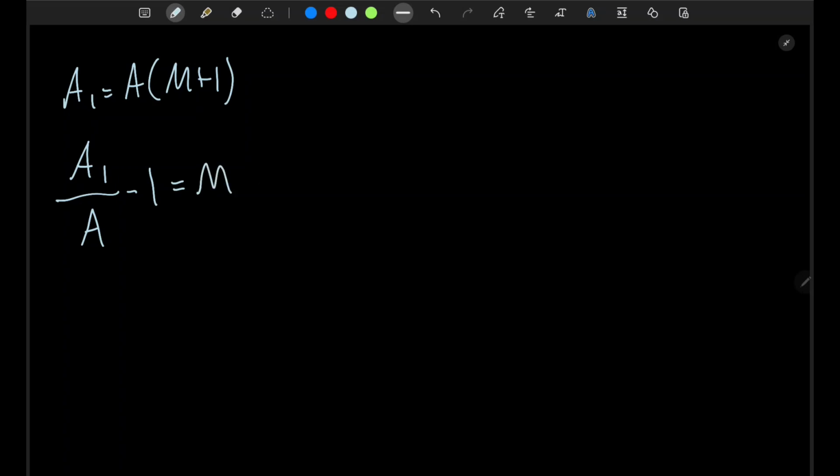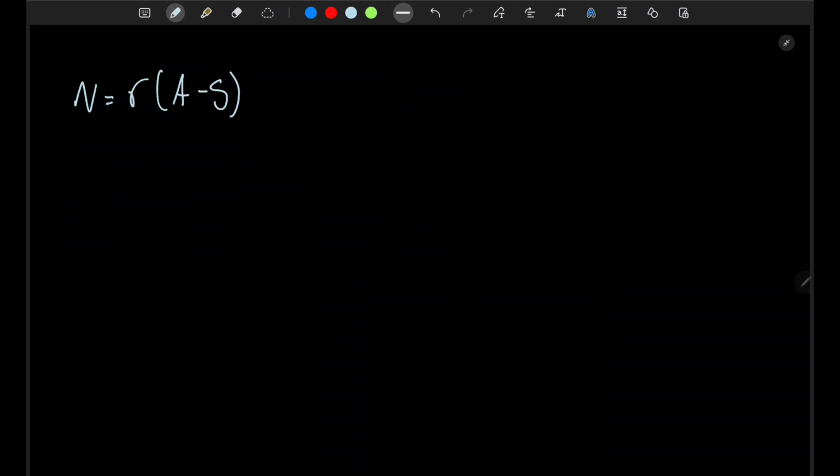And so I'll write this out in a couple steps in case that was a little fast. So we push that a down, a1 over a, and then we're going to be left with m plus 1. And then you just have this 1 here to push over. And so then that's going to be a1 over a minus 1 is equal to m. And there you have it.